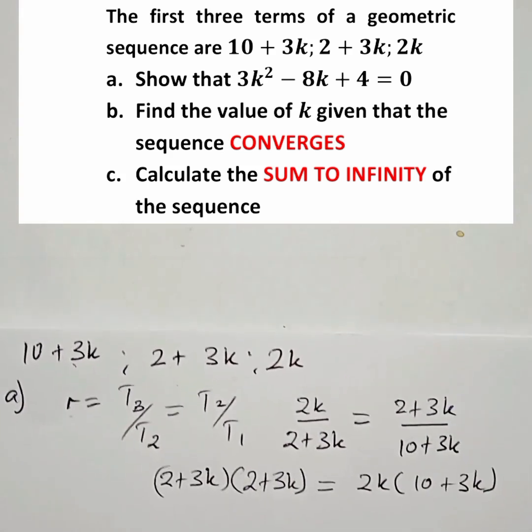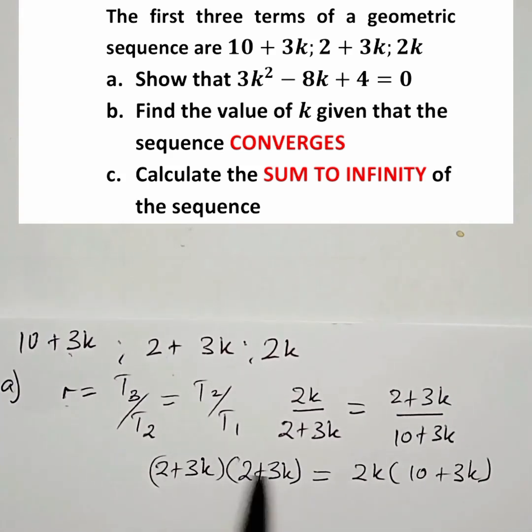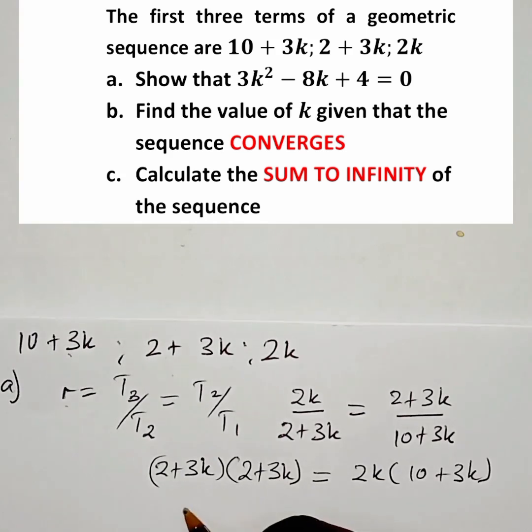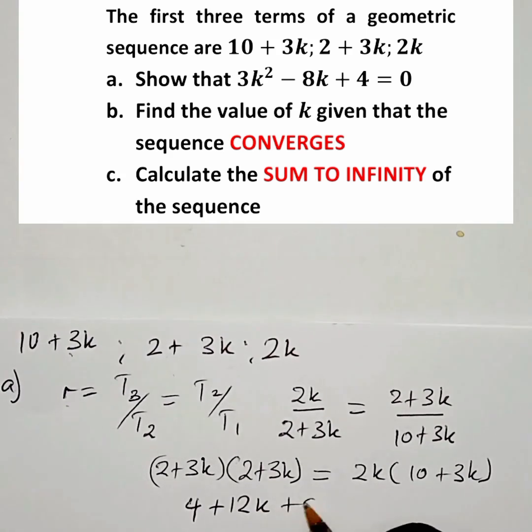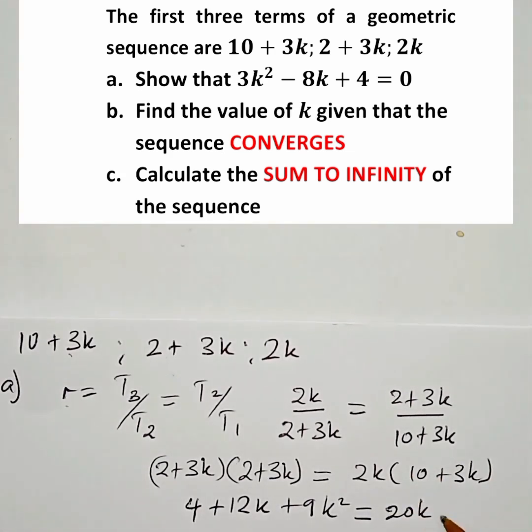Now let's simplify what we have. If I multiply this, I'm going to have 4 plus 12k plus 9k squared. And that is equal to, I'll multiply this, I'll have 20k plus 6k squared.